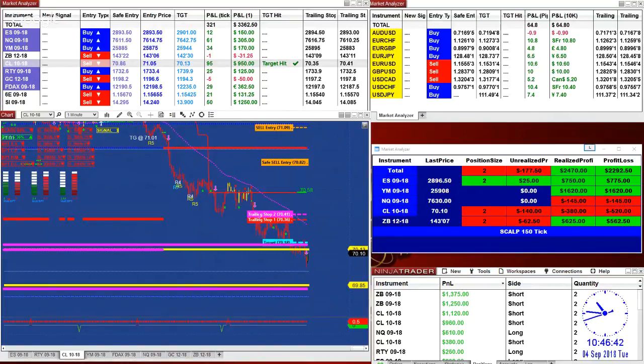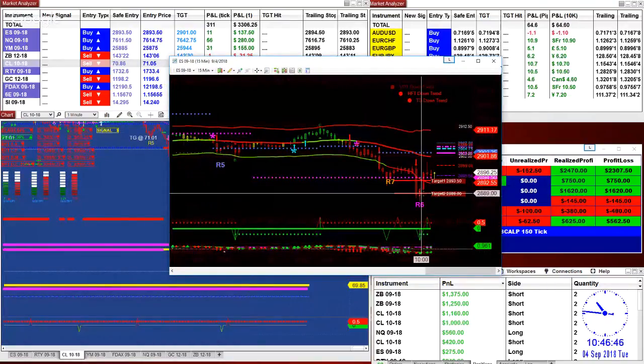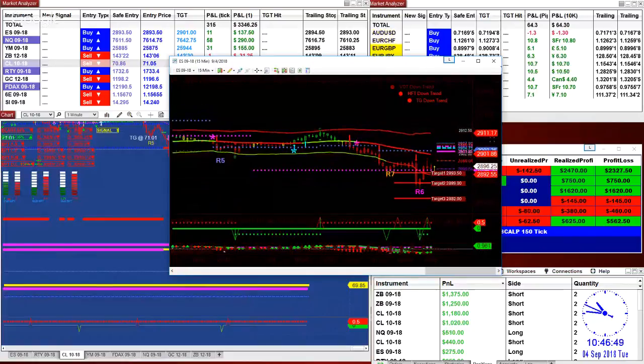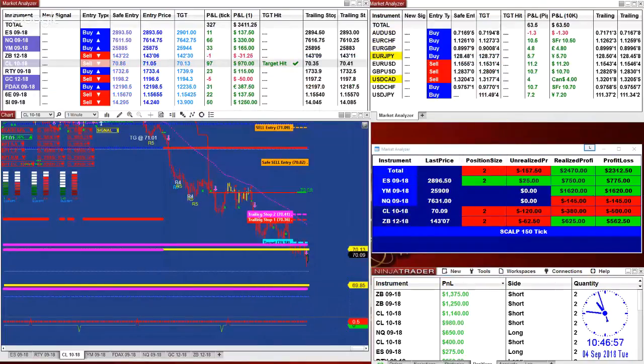For the guys looking at those institutional numbers, look at this. We already hit target 1 and target 2. And those were supposed to be hit before 12 o'clock on the 15 minutes. Most of the institutionals use the 15 minutes.